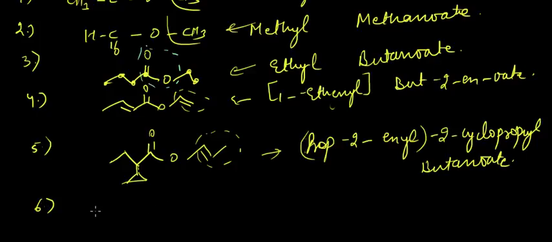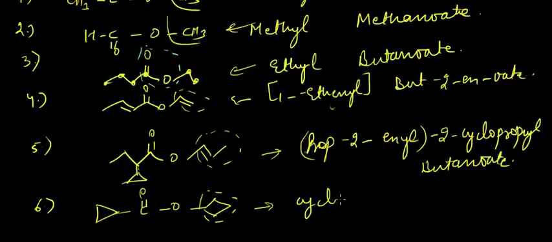so what about this compound? What would be the name of this compound? First, this carbon atom, so it is nothing but cyclobutyl, and this would be 1-cyclopropyl methanoate.